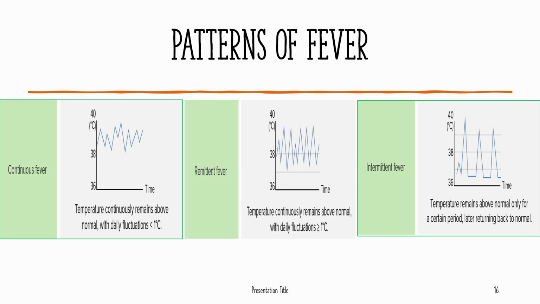It remains above it. It can be either continuous or it can be remittent. The difference between the two is the daily fluctuation in the temperature. Here the fluctuation is less than 1 degree Celsius, whereas here the daily fluctuation is more than 1 degree Celsius.